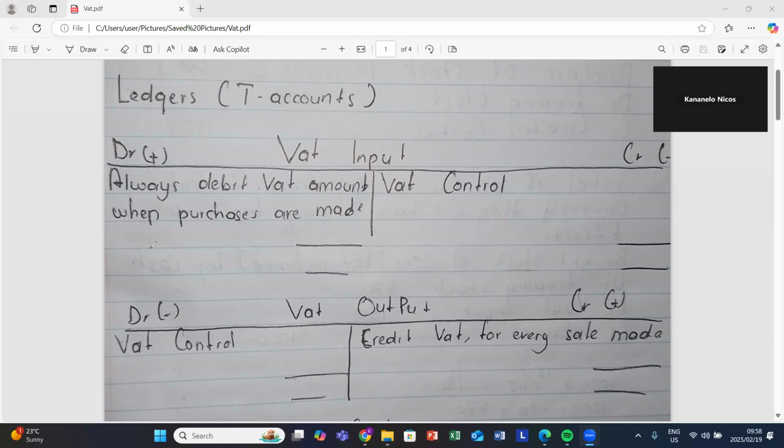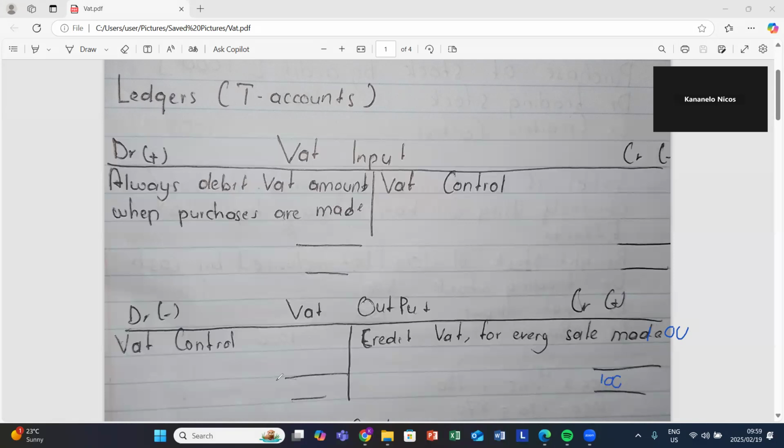Meaning if ever we are selling products to our customers, this is the VAT that we are going to receive. So somehow, we said the VAT input is an expense, meaning this one will be an income. So each and every single time when we charge our customers VAT, we are going to credit it on our VAT output account. Meaning if ever you received a VAT amount of 100 rand on your sales, we'll credit it and then also write it here.